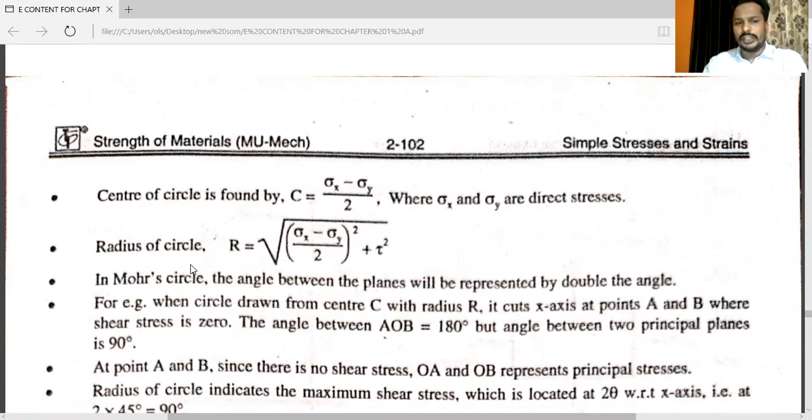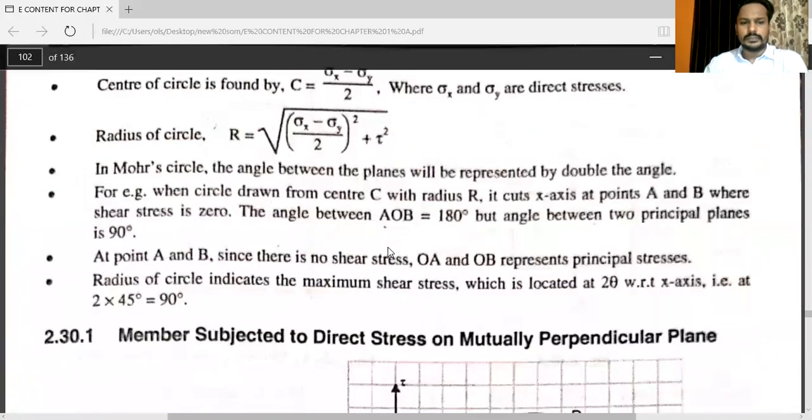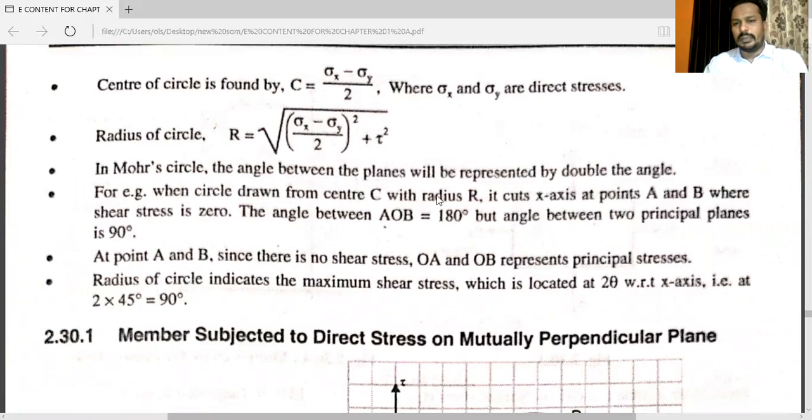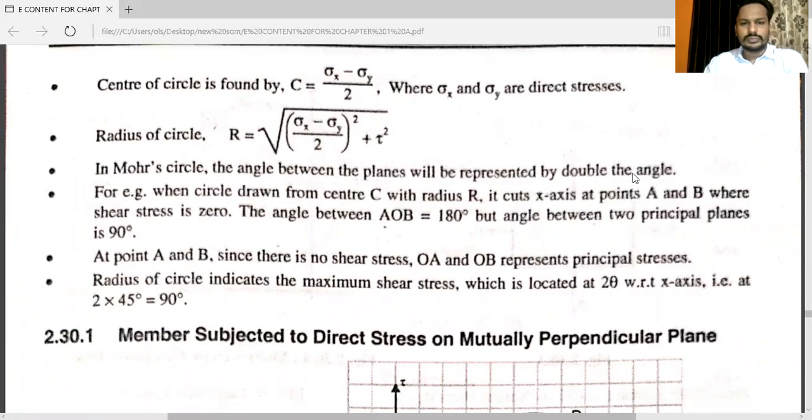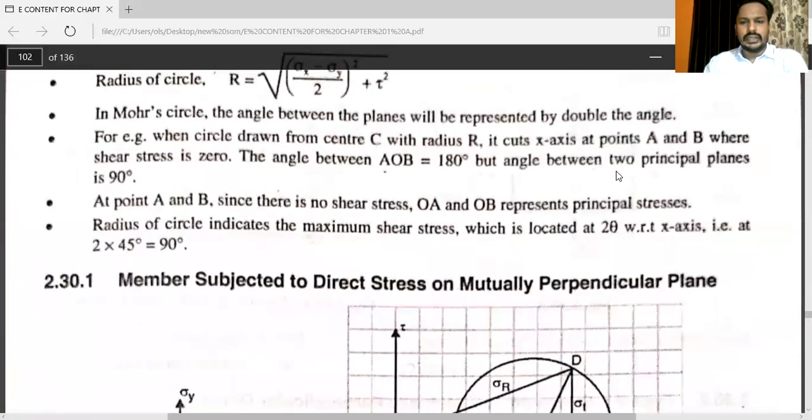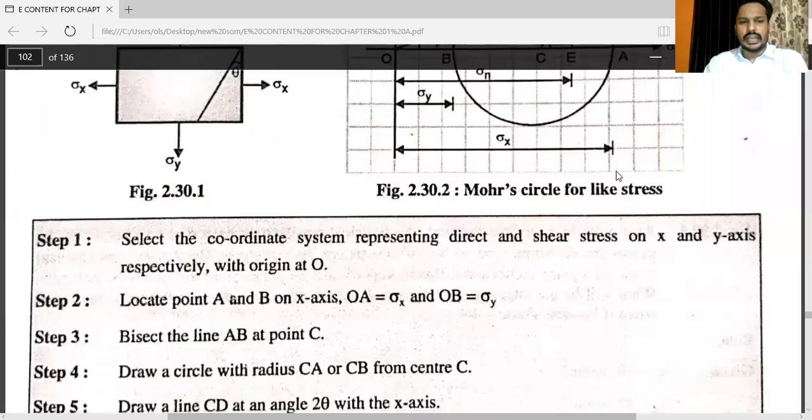The radius of the circle r is equal to under root of sigma x minus sigma y by 2, bracket square, plus tau square. In Mohr circle, the angle between the planes is represented by the double angle.